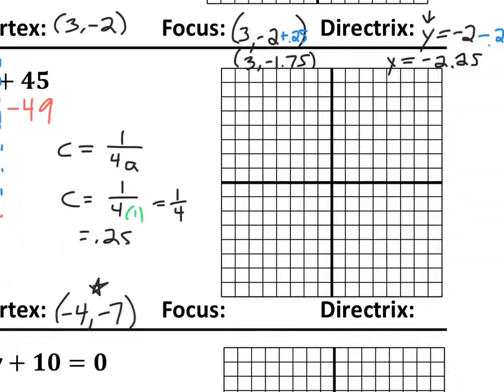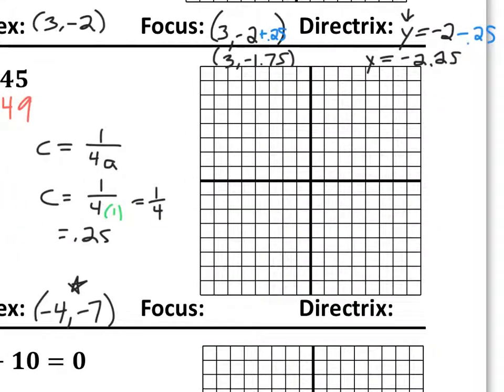Okay. So let's sketch our graph. My vertex is -4, -7. And my graph needs to open to the right. So that means my focus is going to be on the inside. Directrix is on the outside. These are decimals, so they're not going to be super precise.